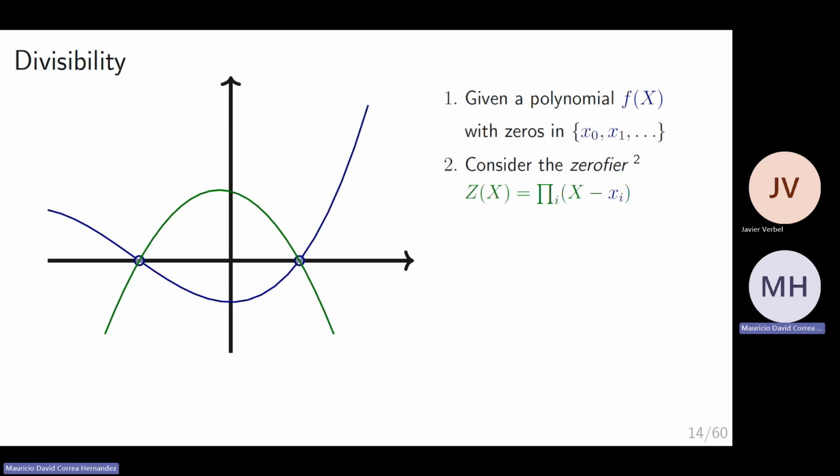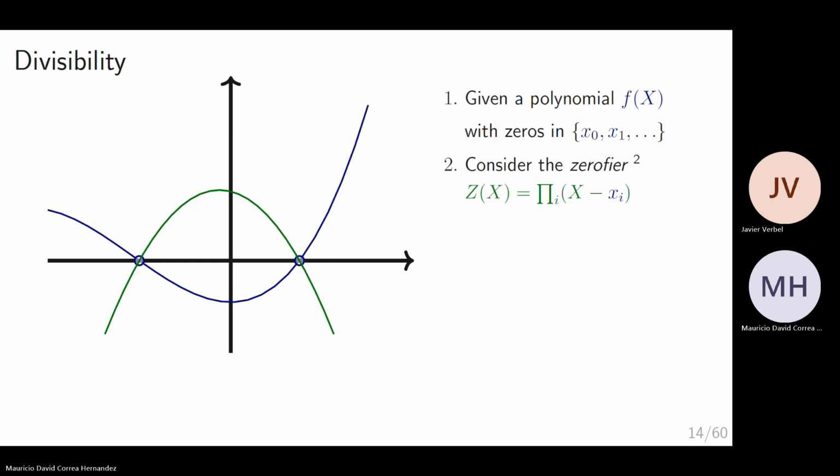We call this the zerofier, and the rest of the world calls it the vanishing polynomial. The rest of the world is obviously wrong. It's obvious to see why it's called zerofier. It has zeros in the right position.